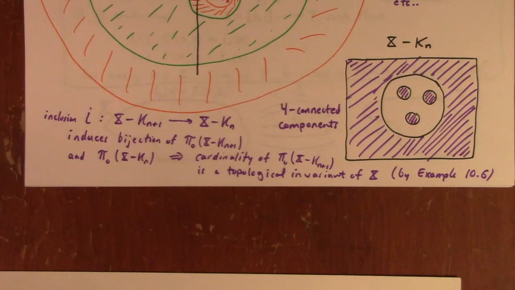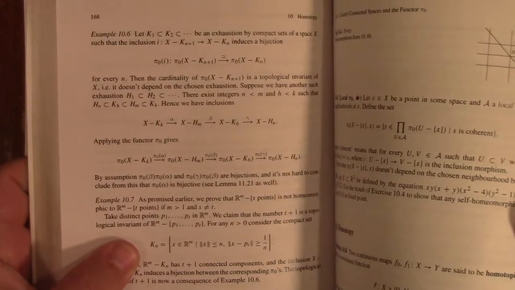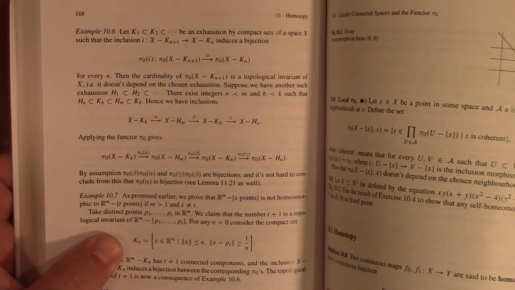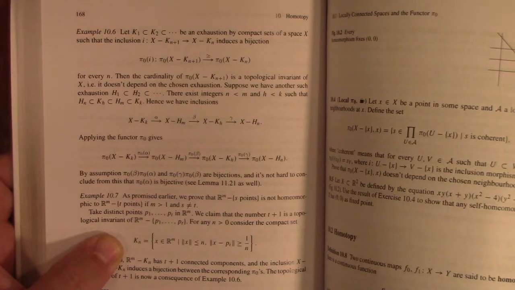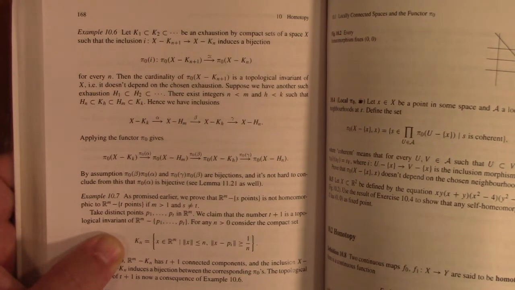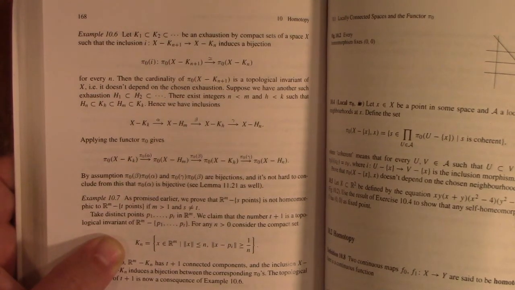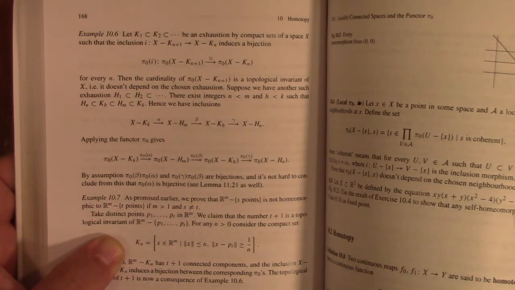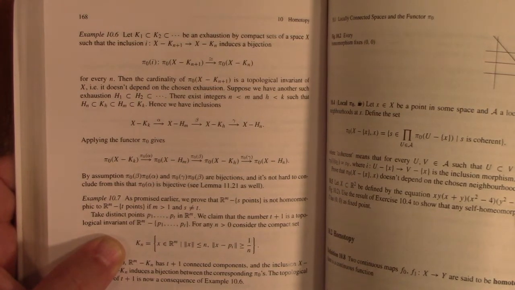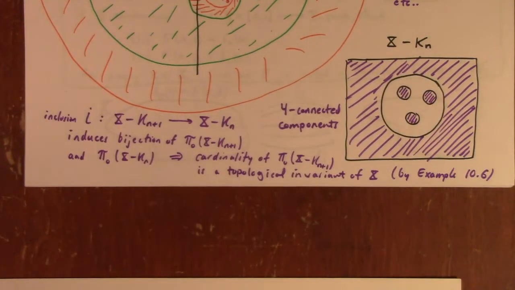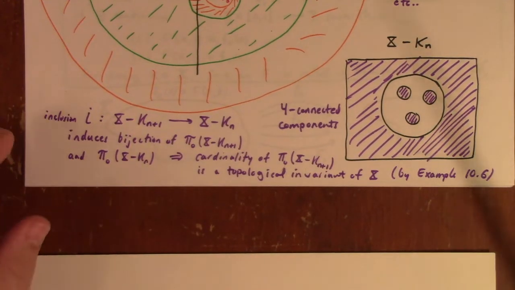And so what example 10.6 shows is that if you have an exhaustion of a space by compact sets, then the cardinality of the complement of the compact sets in the exhaustion is a topological invariant of X. In the sense that if you chose any other exhaustion of the space, you'd still get that same number of connected components, and he argues that in example 10.6.